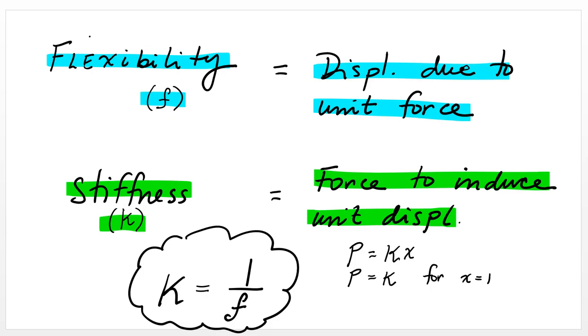And on the other hand, when P equals 1, then x becomes 1 over K. And that displacement due to a unit force is what we call flexibility.